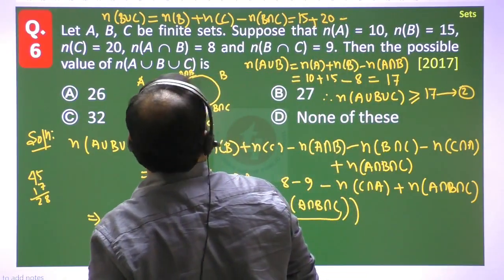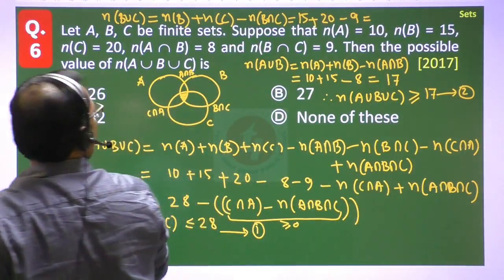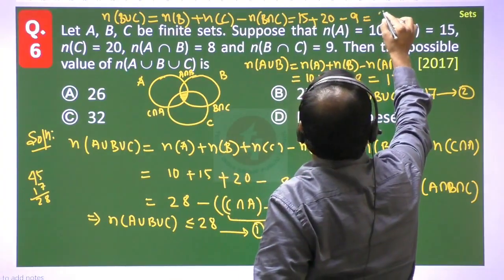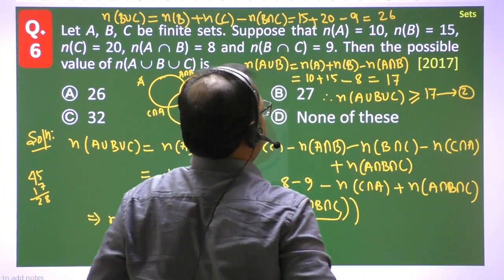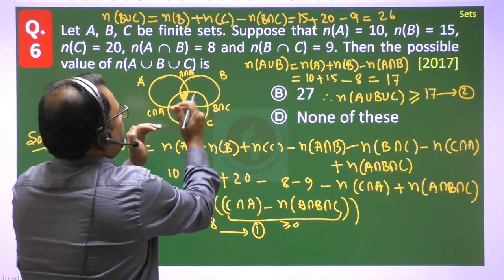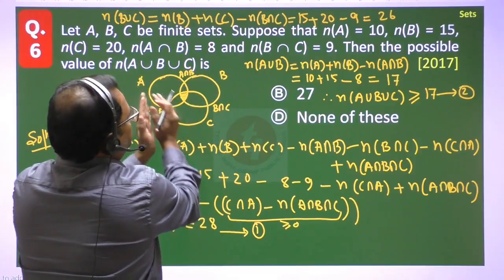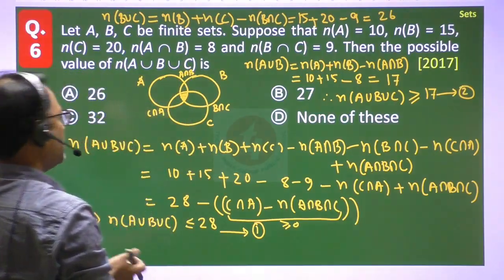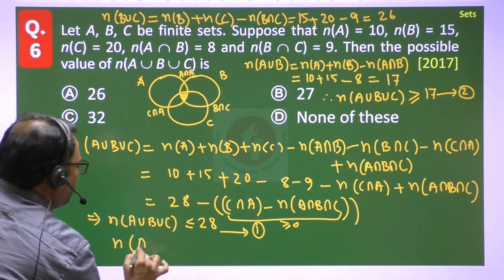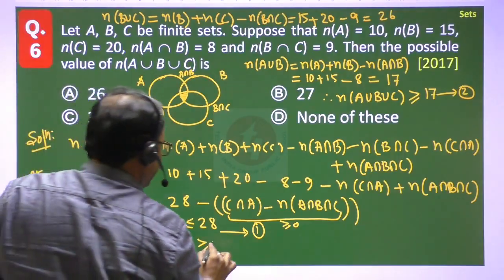Now subtract their intersection, which is 9. So 35 minus 9 is 26. Since B union C is a subset of the whole portion A union B union C, from here we get the third relation: n of A union B union C is greater than or equal to 26.